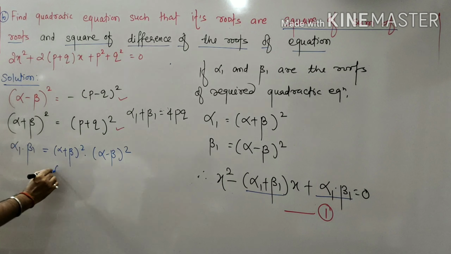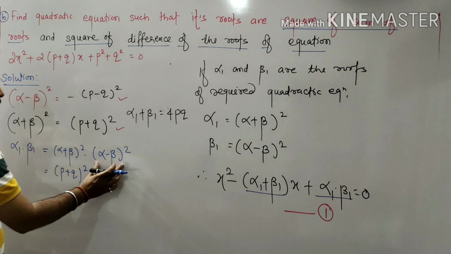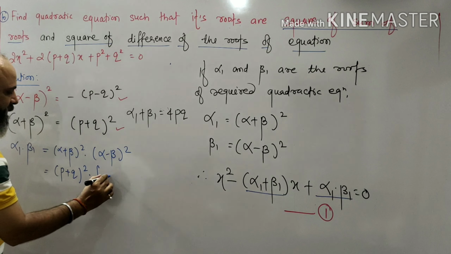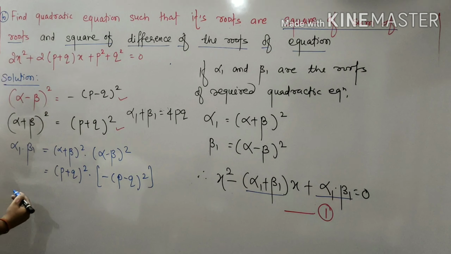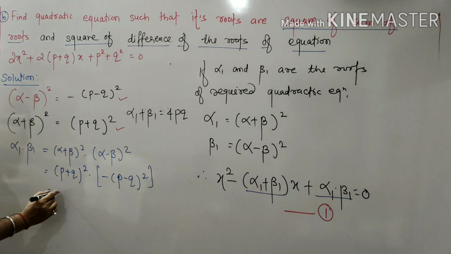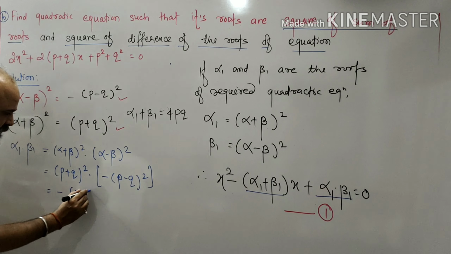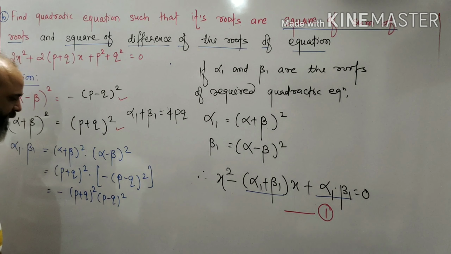P plus Q the whole square, into alpha minus beta the whole square, which is minus P minus Q the whole square. Right students, we'll take minus as common. This will be P plus Q the whole square, and this is P minus Q the whole square.